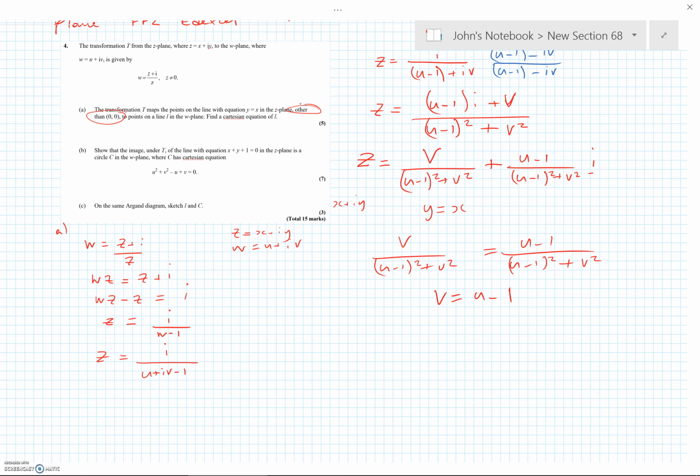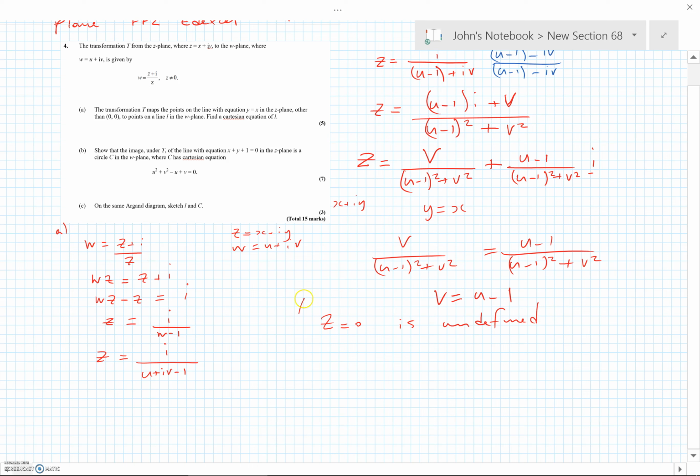And for those of you who are doing STEP, such a thing will come up on STEP 3, you can bet that they would definitely want you to say that 0, 0 is undefined, because w equal to z equal to 0 is undefined, because we've got the z as a denominator here.